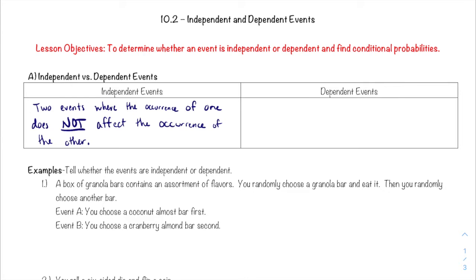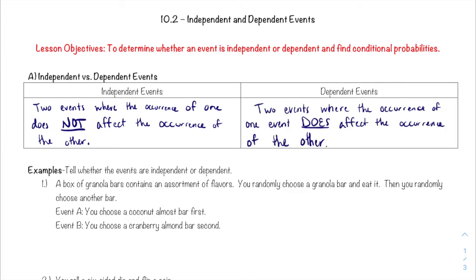And a dependent set of events are two events where the occurrence of one event does affect the occurrence of another. So this is where whatever I do in the first event will make a difference on the probability of something happening in the second event. It's usually when you're working with the same thing.